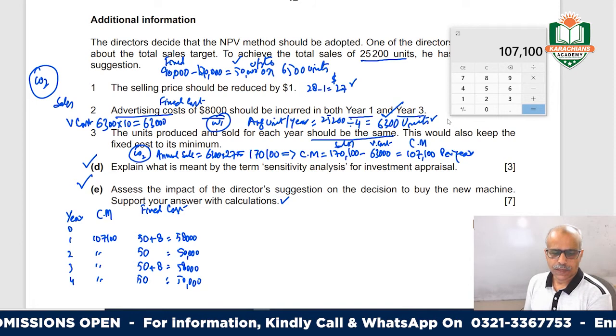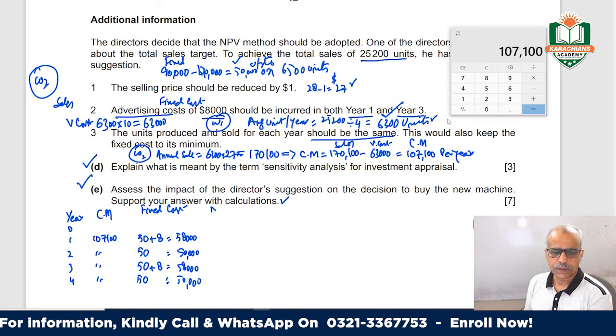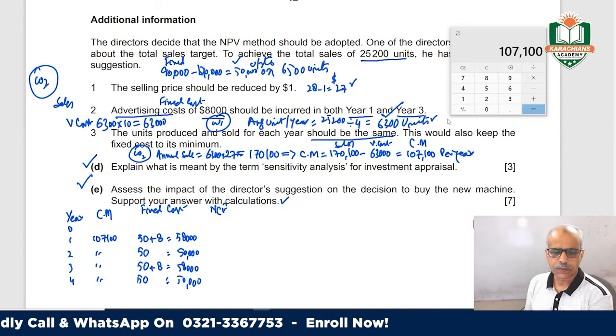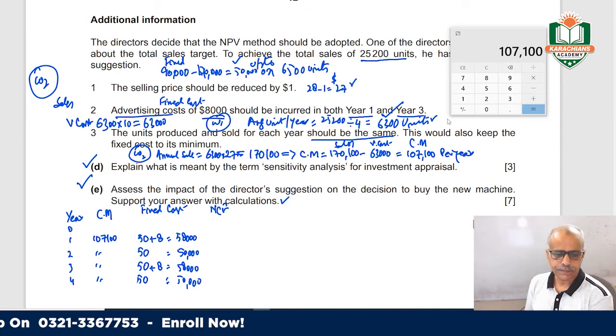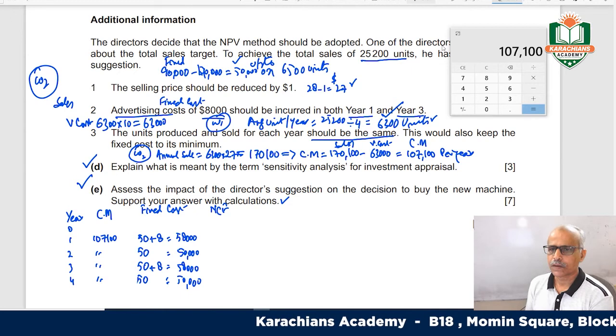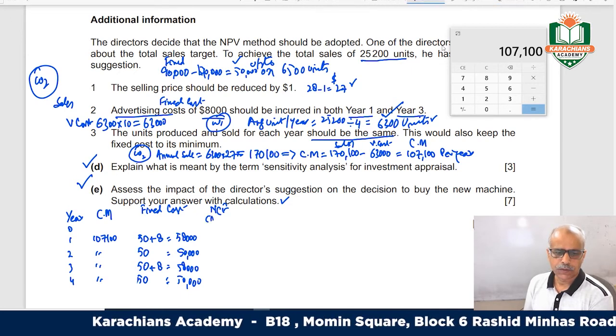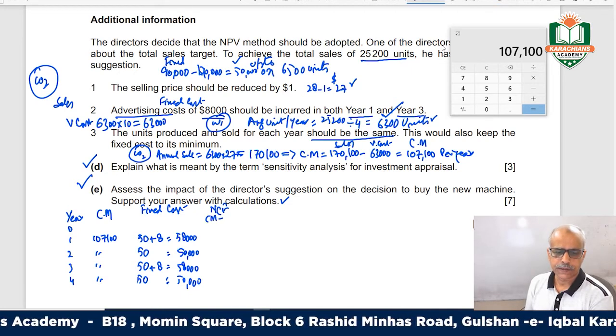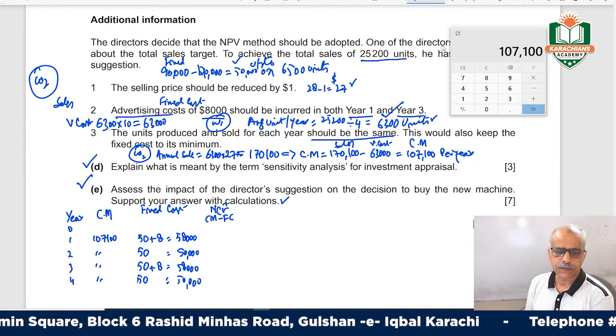Then your net cash flow will be contribution margin minus fixed cost, right?